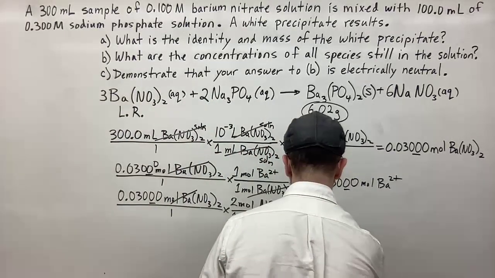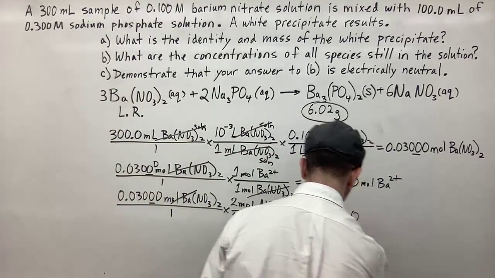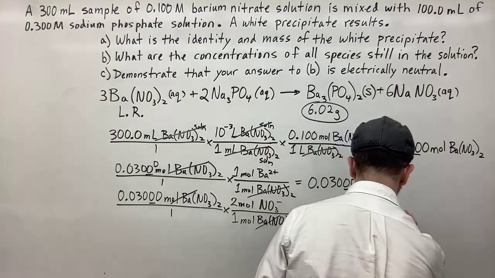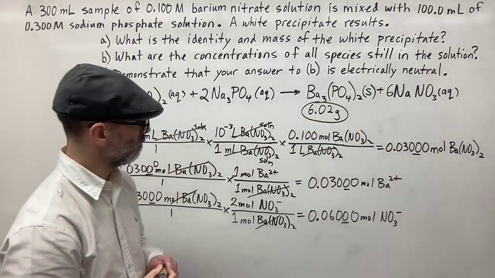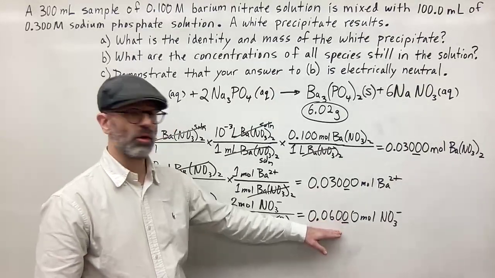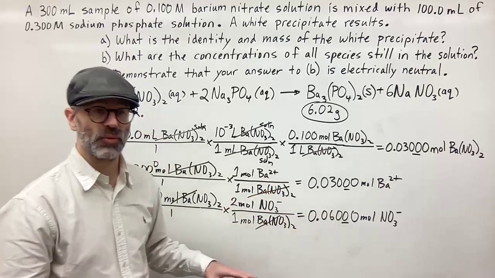So this is going to be 0.06000 moles of the nitrate ion. Okay, so these are the mole amounts of the nitrate and the barium ions that we had to start with.